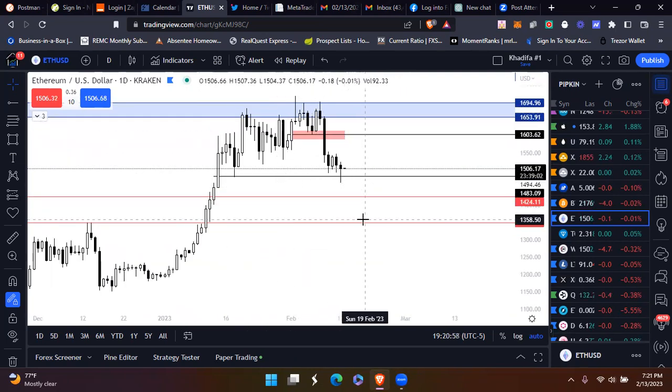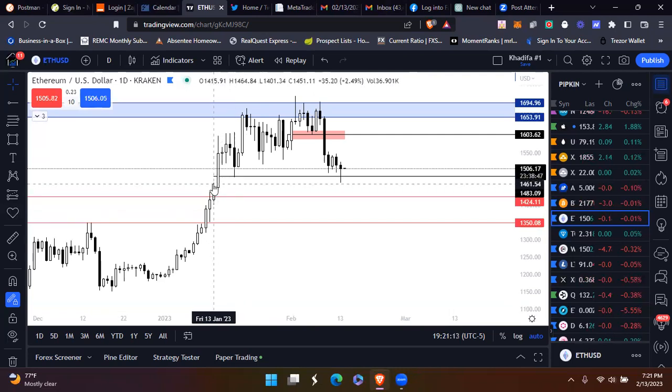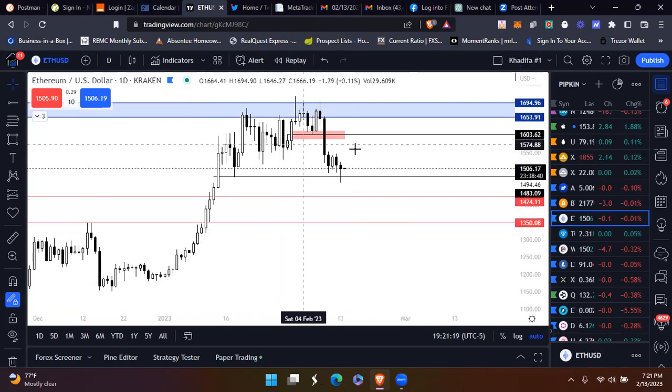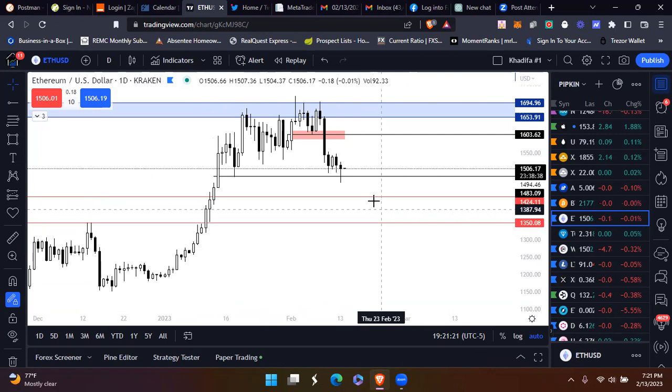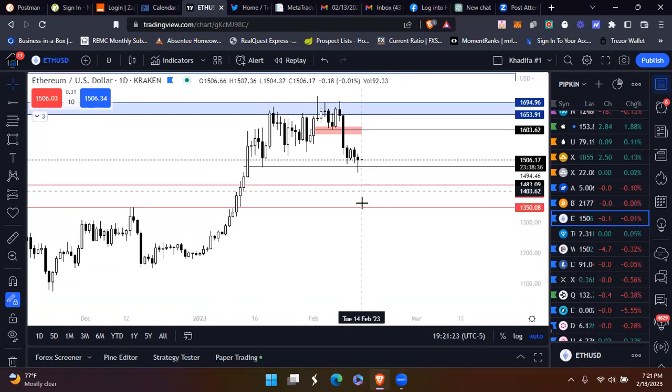And if we respect it, we'll more than likely come back down to fill in the rest of this imbalance here in this remaining fair value gap that we have. Within this fair value gap, if we respect this and we come back lower, the next point of interest will be inside this fair value gap, these two red lines right here for Ethereum.